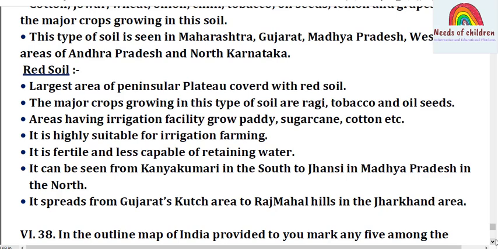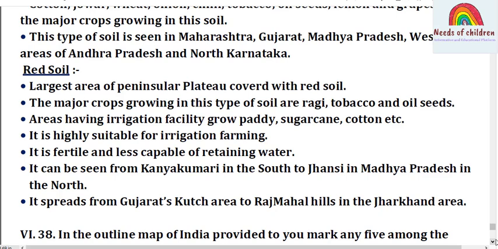Let's move on to red soil. The largest area of the peninsular plateau is covered with red soil. The major crops grown in this type of soil are ragi, tobacco and oil seeds. Areas having irrigation facilities grow paddy, sugarcane, cotton, etc. It is highly suitable for irrigation farming.